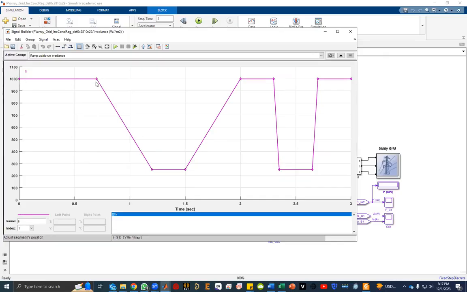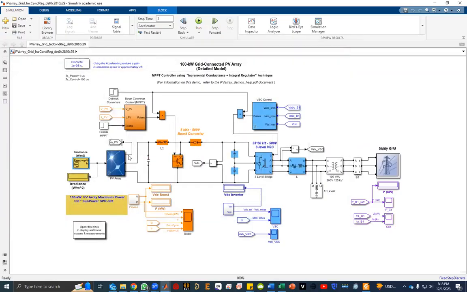For the first 0.75 hour, it gives you 1000 watt per meter square. After that it declined and reached around 250. Then again it went back to 1000, then came back to 250 again, and this is the pattern. We will get the power according to this profile. You can change the profile.